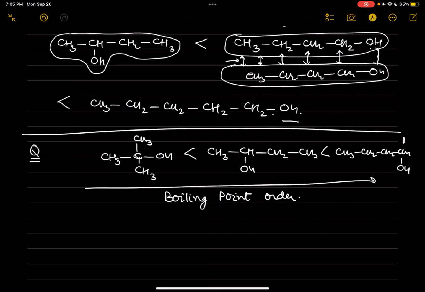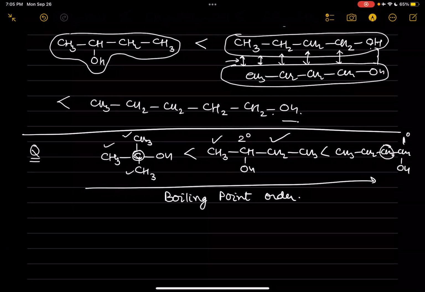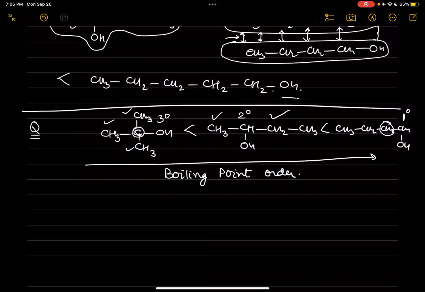This carbon atom is connected only to one carbon atom, so it is primary. This carbon atom is connected to 2 carbon atoms, so it is secondary. This carbon atom is connected to 3 carbon atoms, so that is tertiary, right?